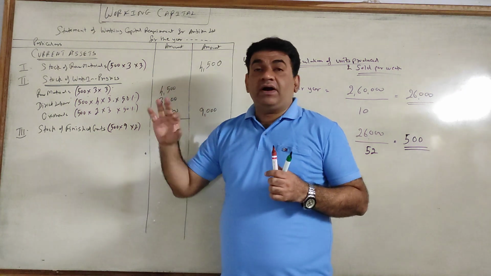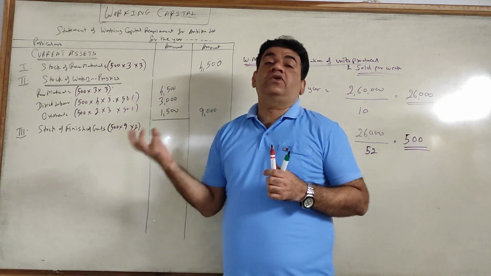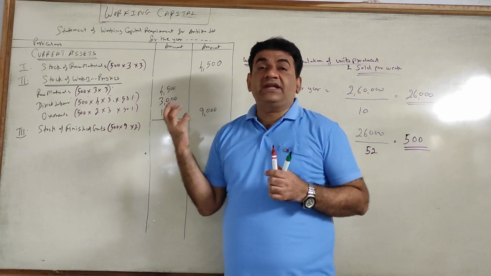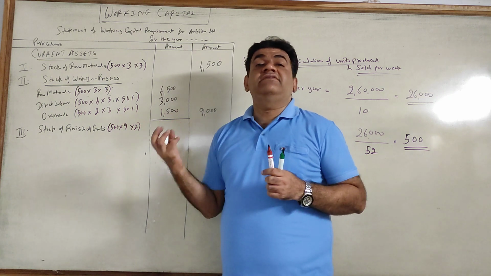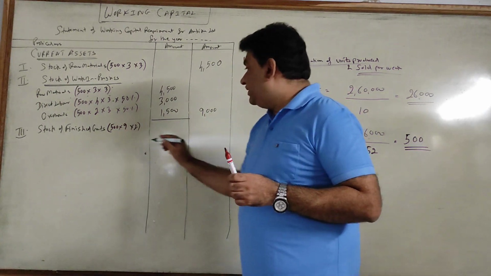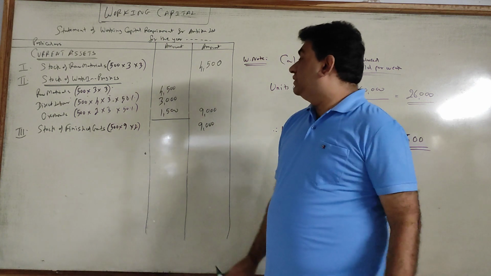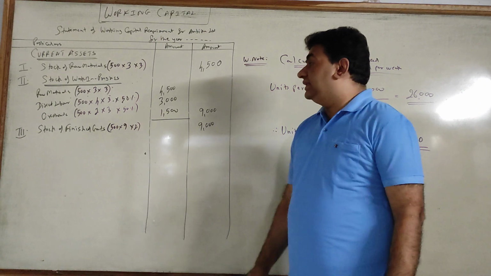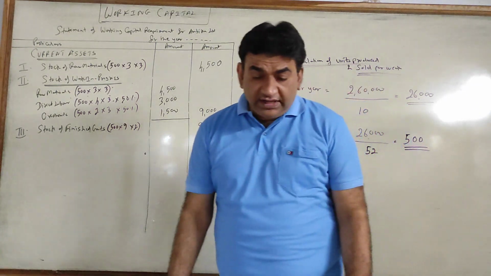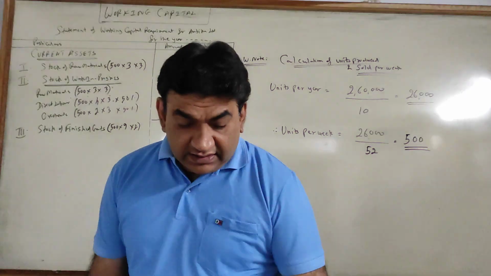So that much amount at any given point of time has to be a part of your working capital. You need that much finance at any given point of time. The calculation: 500 into 9, 4.5, 4.5 into 2, again it is 9,000. Got it guys? Now see, A part done, B part done.